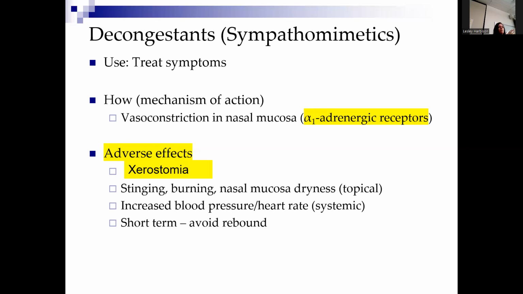If you use them too long, you'll get less good results and it doesn't feel as effective. So you might use it at the height of it for a couple of days, and then try to back off. But if you keep using it for 2 weeks in a row, it's going to lose effectiveness.